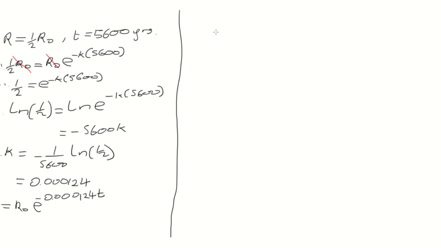So this means that of the 100% that was there, 80% is gone. It means R is equal to 20% of the original R naught. So the question is, how long does it take for this amount of material to go away and you are left with only 20%?